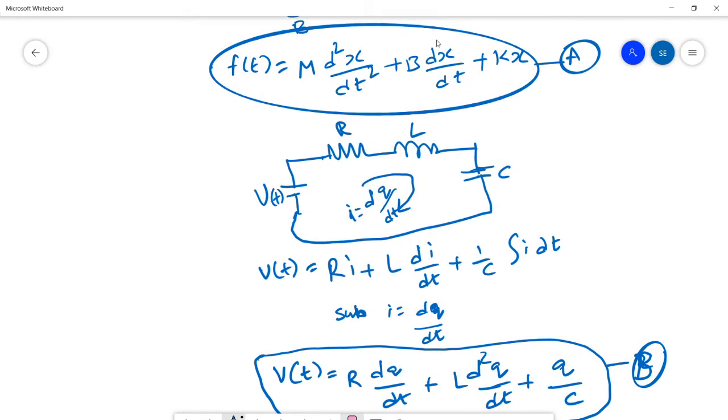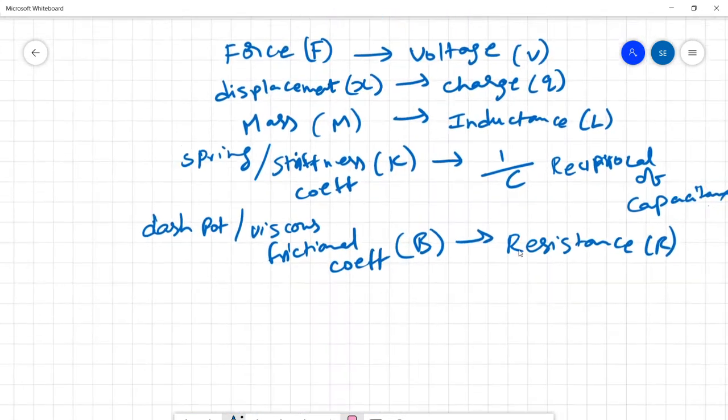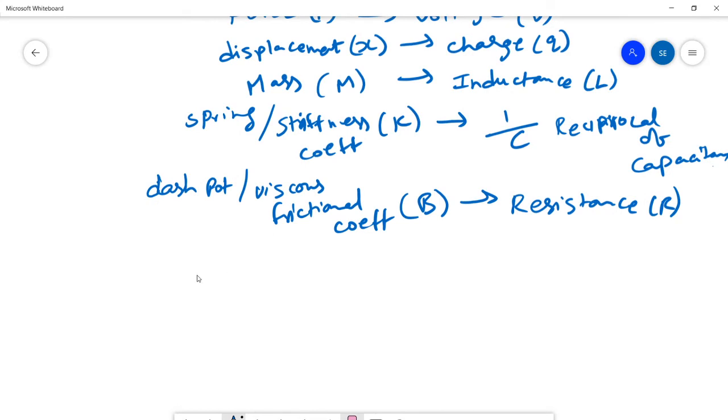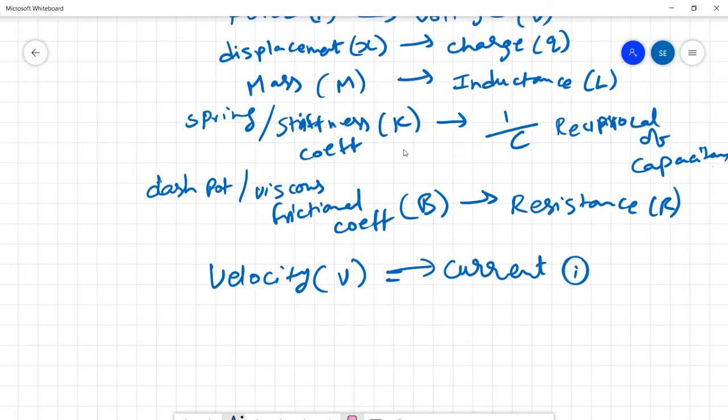Dx by dt is nothing but velocity, the derivative of displacement. So velocity v is analogous to current I, right?